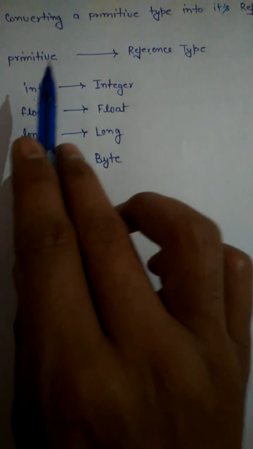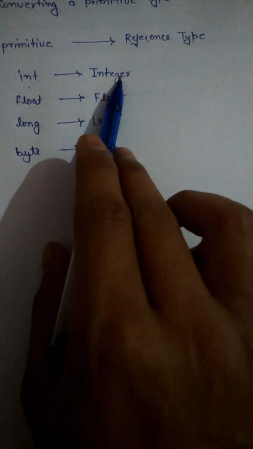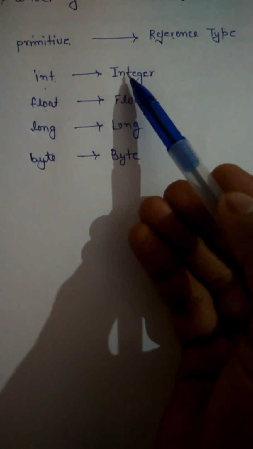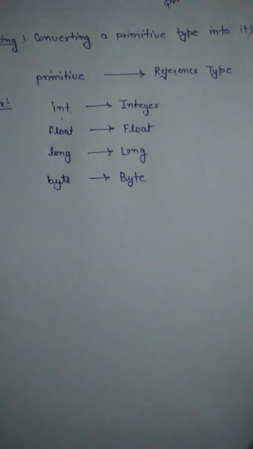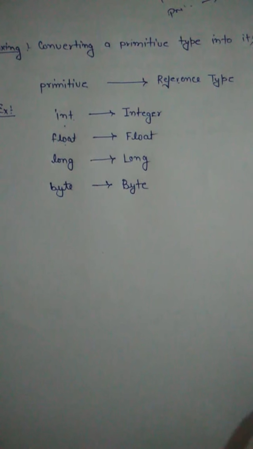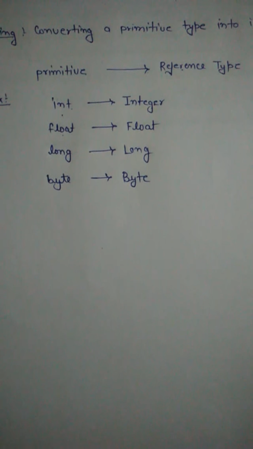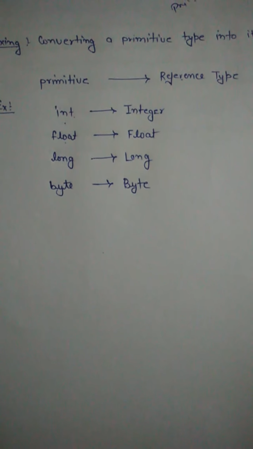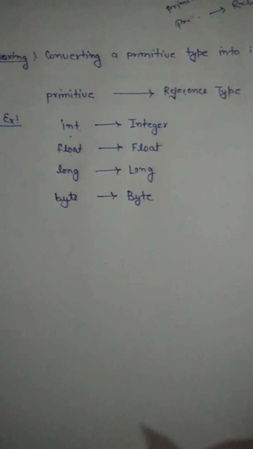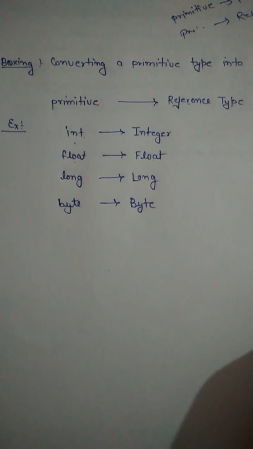Boxing means converting a primitive type to its reference type, and its vice versa, converting a reference type to its primitive type, is called unboxing. We have discussed these three key points for understanding the rule behind how the compiler decides which form of the method is to be invoked.